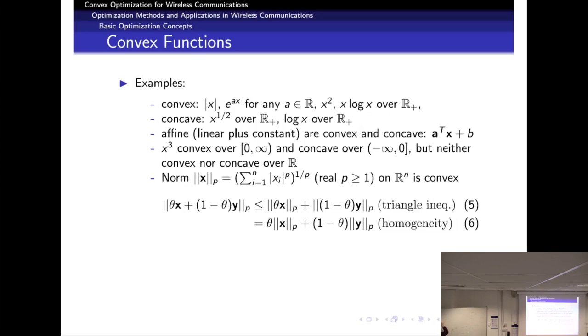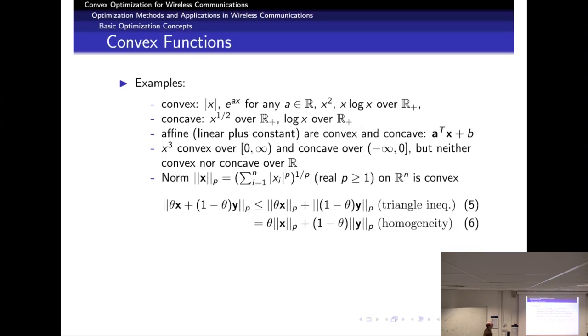So if you have absolute value of x, this is your x, and the absolute value of x will be something like this, right? So this is a convex function. It's not differentiable at this point, but it's convex because you take any 2 points here and you draw the line segment. It will be above those values.